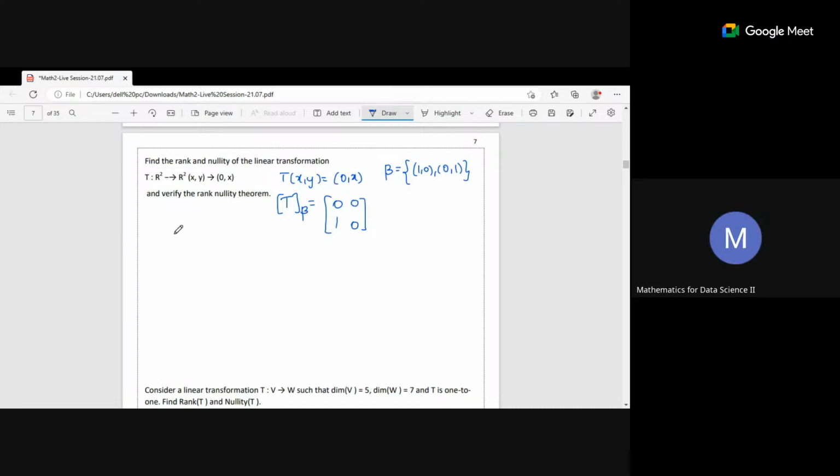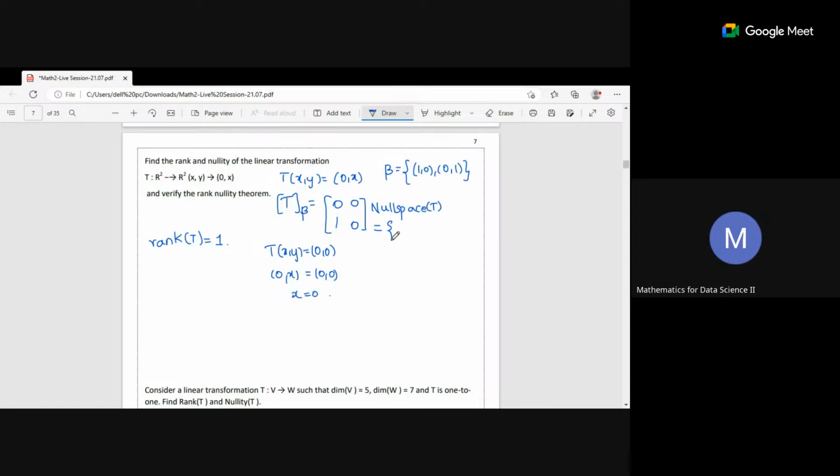So what is the rank of T then? 1. Rank of T is 1. And for nullity, without using the rank nullity theorem, how will you find the nullity? You have to see what your null space is spanned by. So can you see what your null space of T is? T of (x, y) is equal to (0, 0). When does this happen? If (0, x) is (0, 0), it means x is 0.